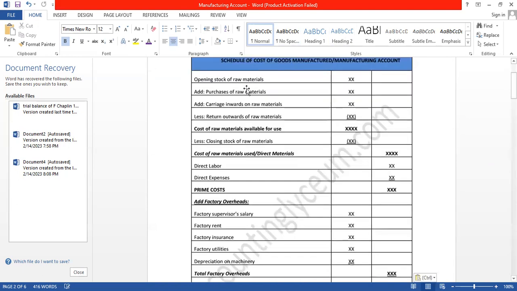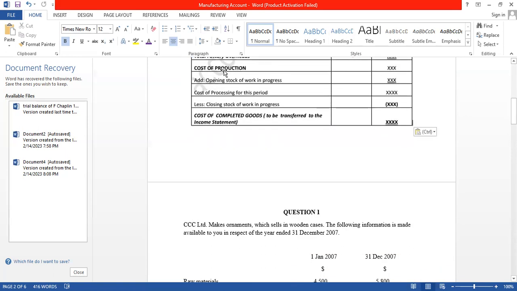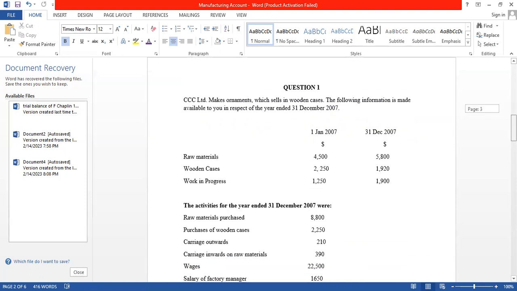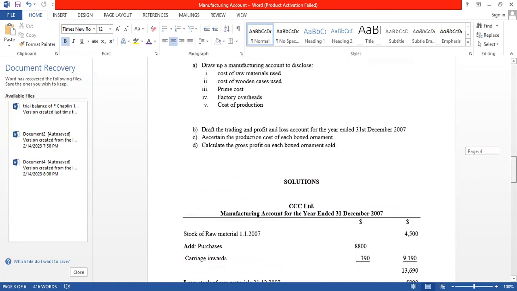They're asking you for the raw materials available for use, the prime cost, total factory overheads, and the cost of production. And let me scroll back down. So see, cost of production. So that's what they are asking you to find.